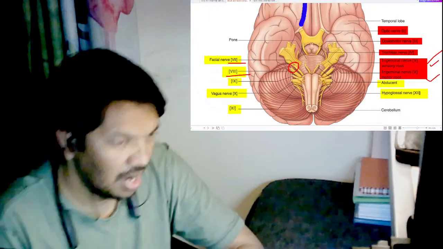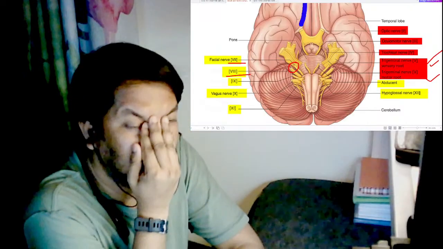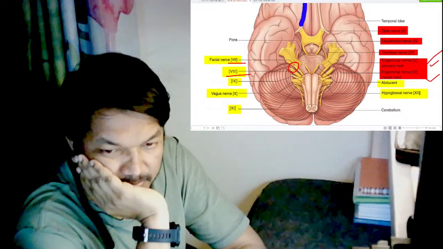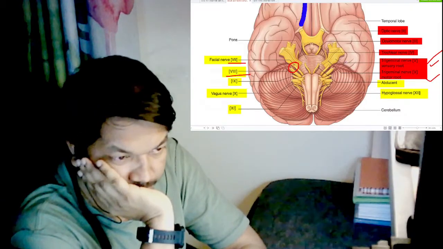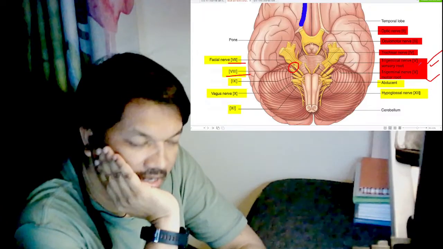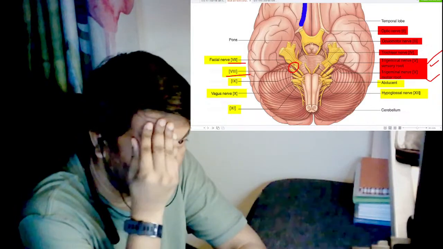This is trigeminal, very big one, very large. Trigeminal has three divisions, V1, V2, V3.